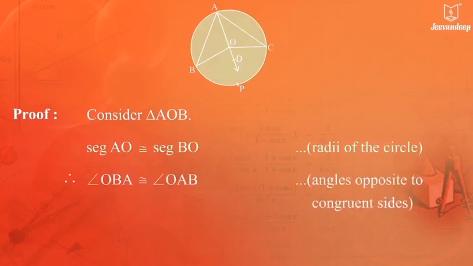Therefore, angle OBA is congruent to angle OAB, being the angles opposite to congruent sides. Therefore, angle OBA equals angle OAB.